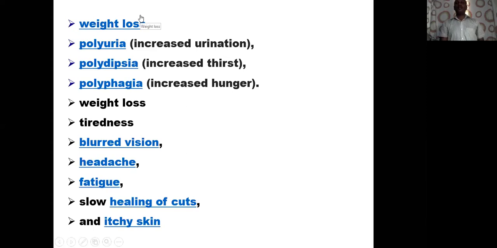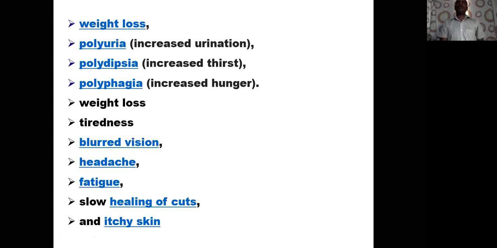Because you have higher plasma levels of glucose, it is transported to the kidneys, and the kidneys excrete the glucose. Then there is polyuria, that is increased urination, and polydipsia, increased thirst, because water reabsorption will be prevented.